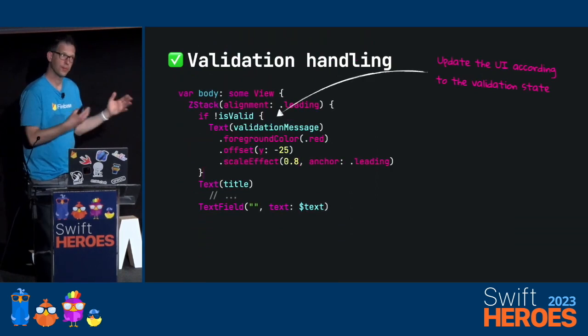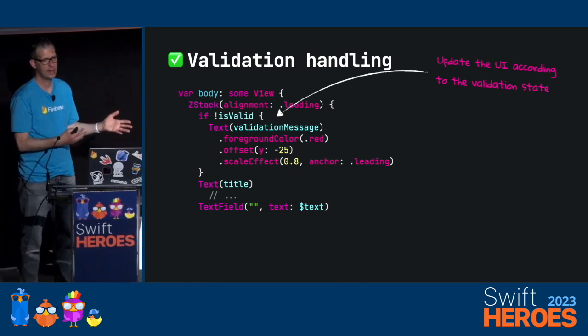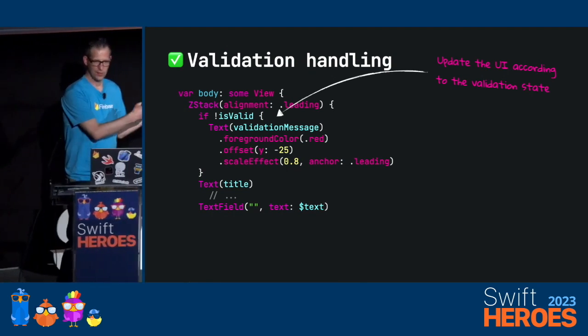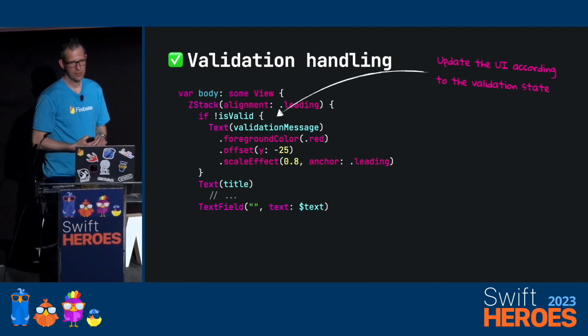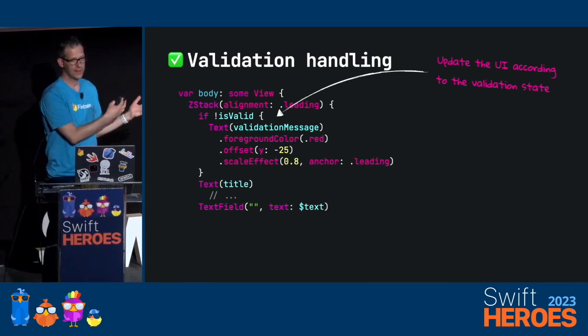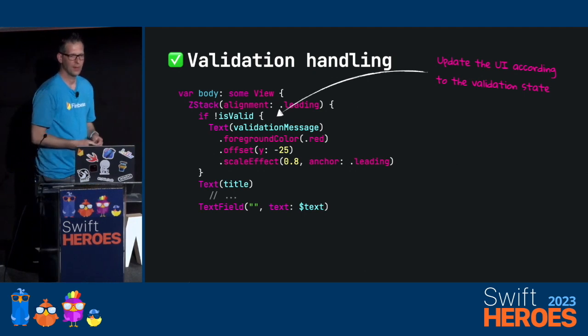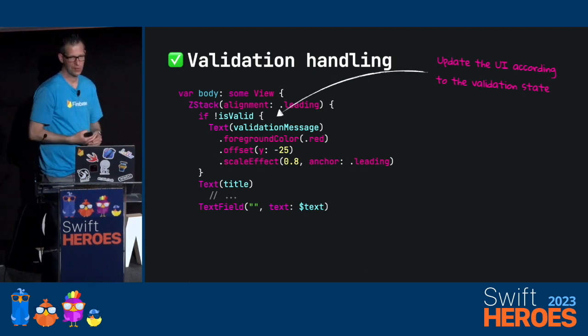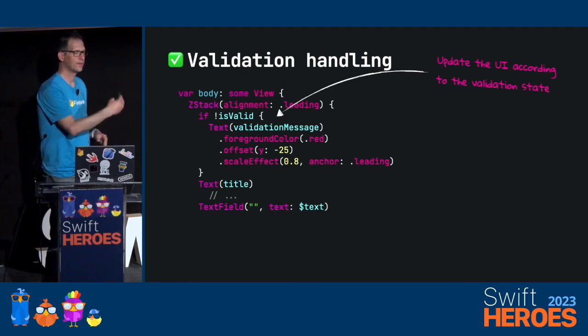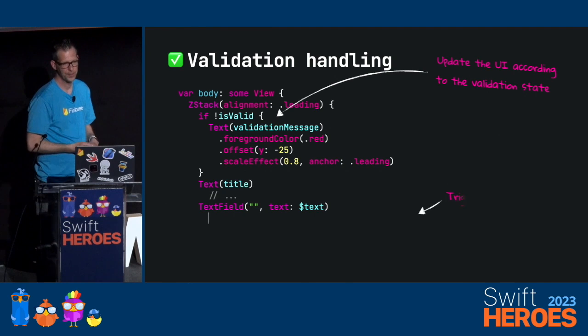And then we also need to show this on the UI. And here's a new text label that we'll be using for that. So if the input is not valid, we will show this text. We'll use a foreground color of red. And this looks very similar to this floating label that we've used before.